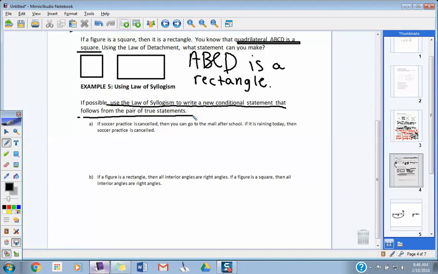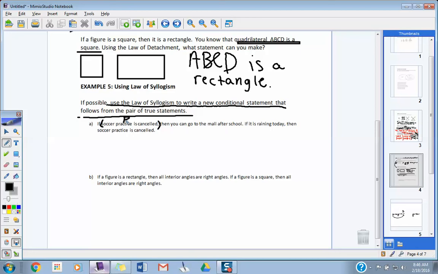So in this example right here, it says, if soccer practice is canceled. I'm going to go ahead and call that part of the statement P. And it doesn't matter what you call it. Then what's going to happen, guys?